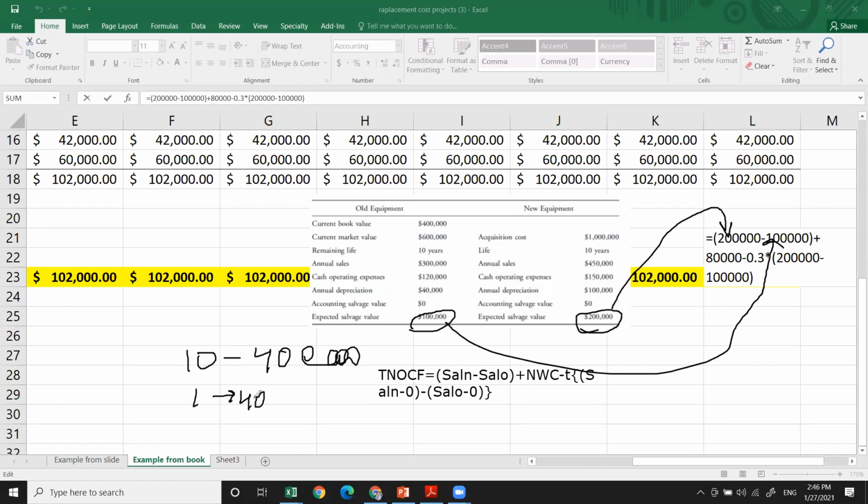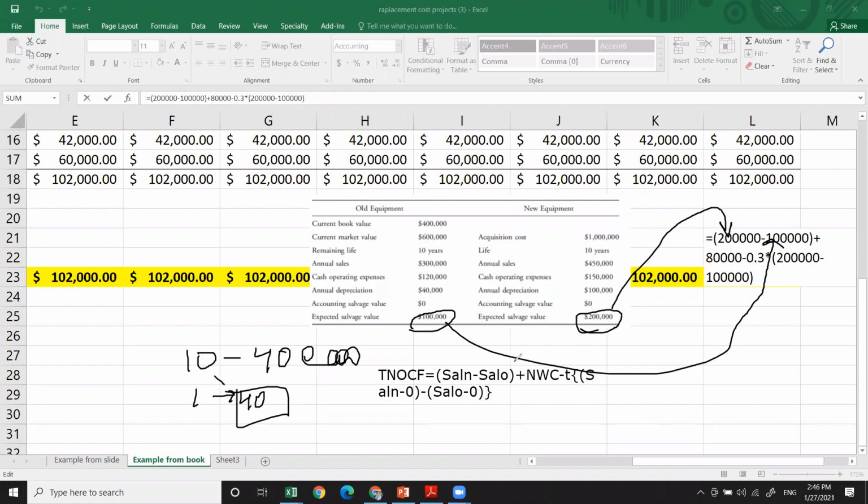So in 10 years, will we be able to spend all of the value of our equipment? If you divide just 400 by 40, you will see that it's equal to 10. So at the end of the 10th year, the book value will be 0. The same thing with the new equipment. So the book value in this formula is equal to 0, 0.